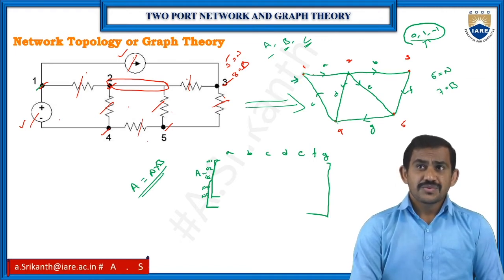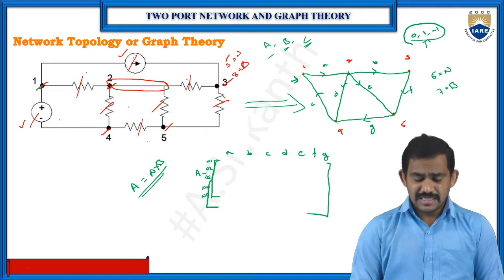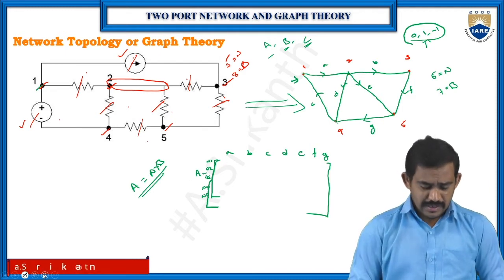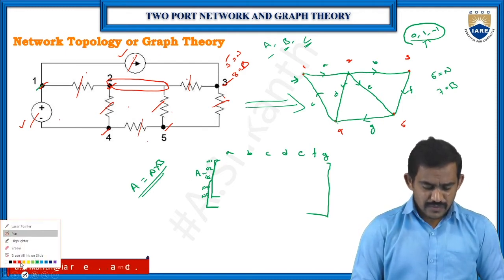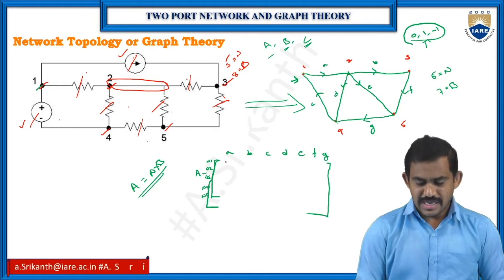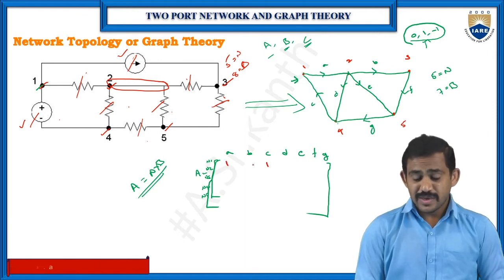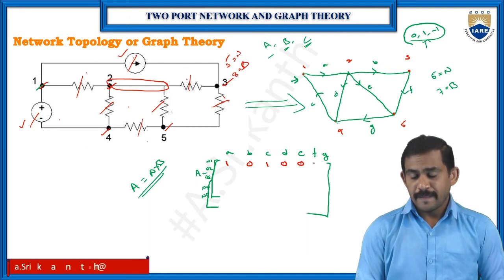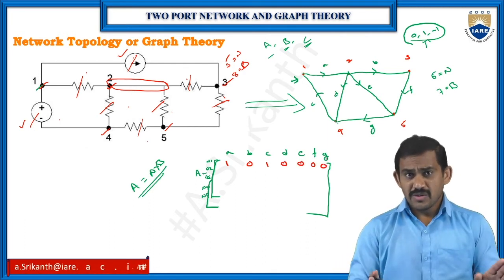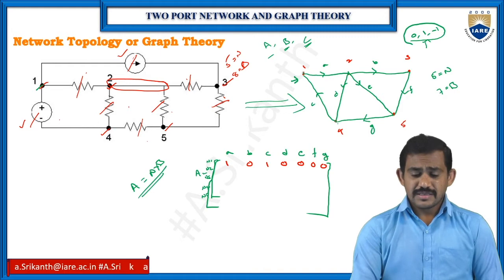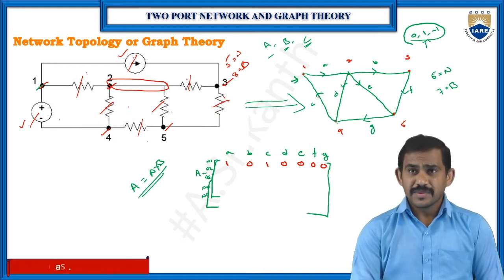Now coming to node 1, just observe at node 1. We have 2 branches, A and C. Just give the values for A and C. A is 1, C is 1, remaining are zeros. Now check the directions. At node 1, C is incoming and A is outgoing.